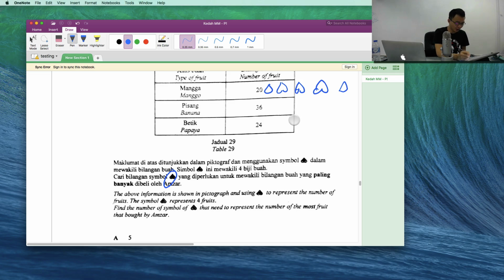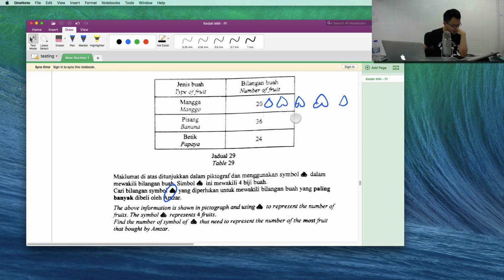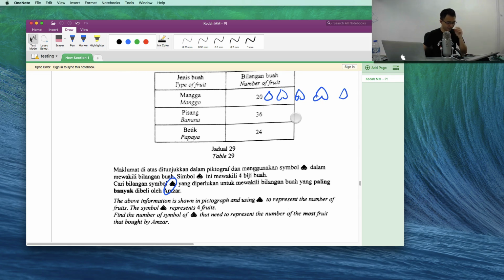Yeah, I guess this one is basically the same. Find the number represented by the fruit. So this one has 9 fruit, because each symbol represents 4. 1, 2, 3, 4, 5, 6, 7, 8, 9.